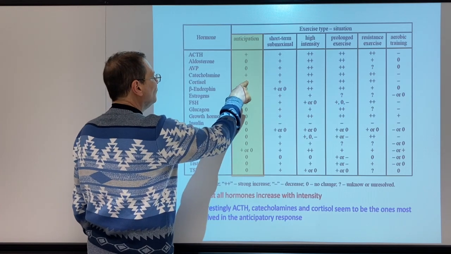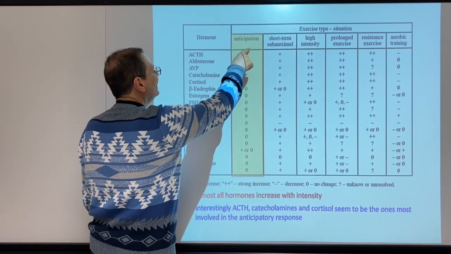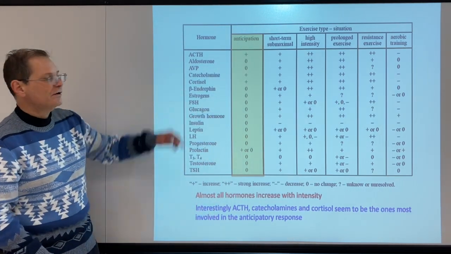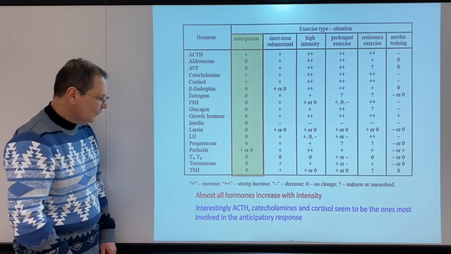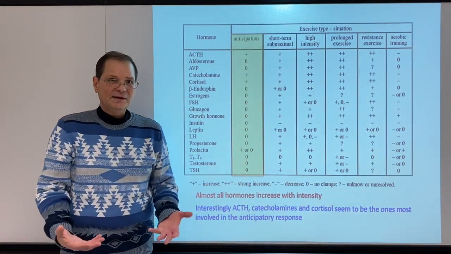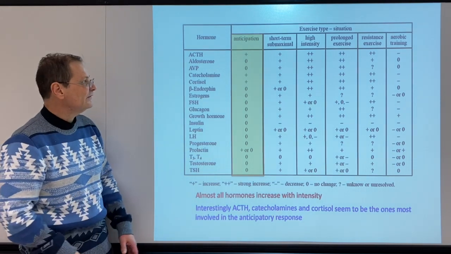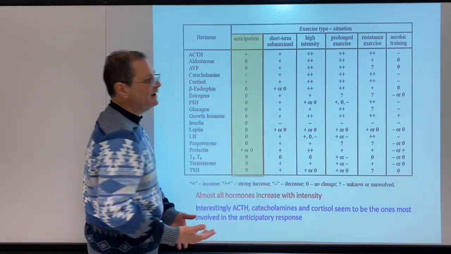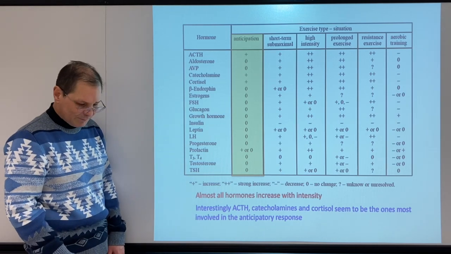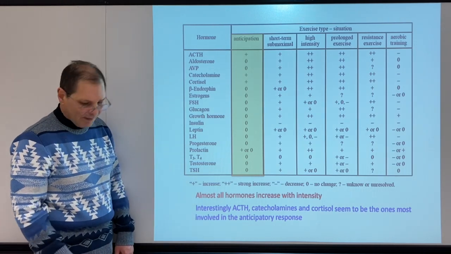You get an increase in cortisol, an increase in catecholamine, and an increase in ACTH, which goes with cortisol. So these seem to be involved in the anticipatory response. Again, it's kind of a mysterious response, but they go up during anticipation, so they seem to be involved in that response. So that's of some interest in this chart.